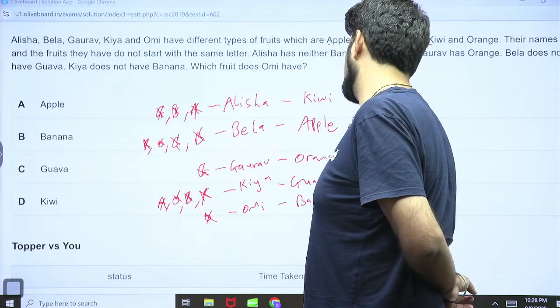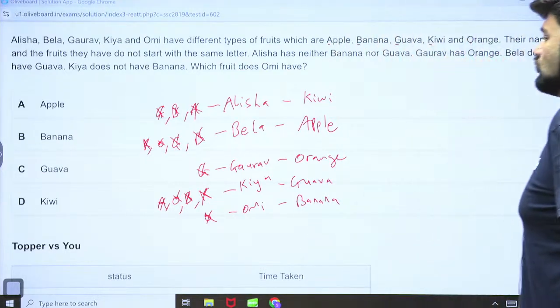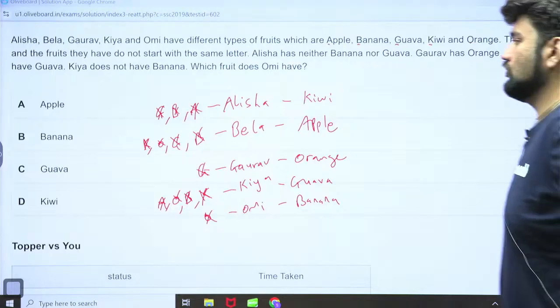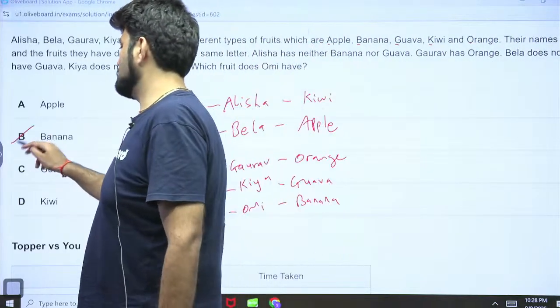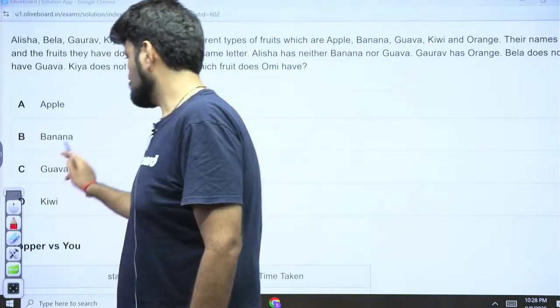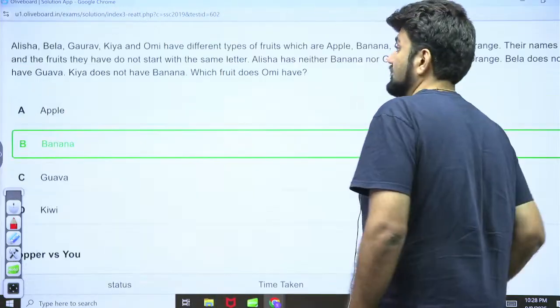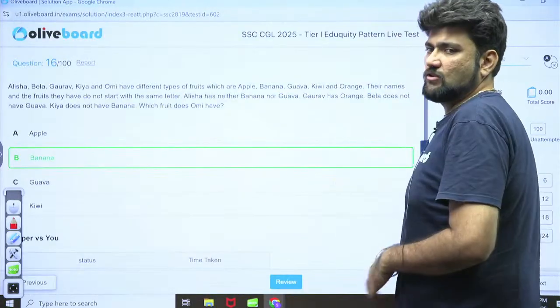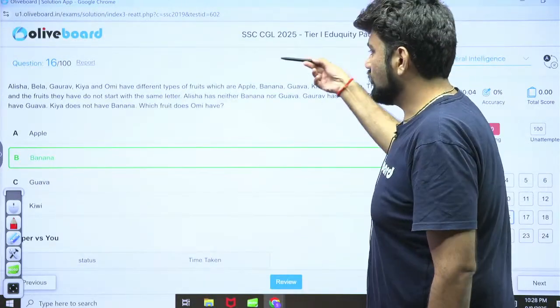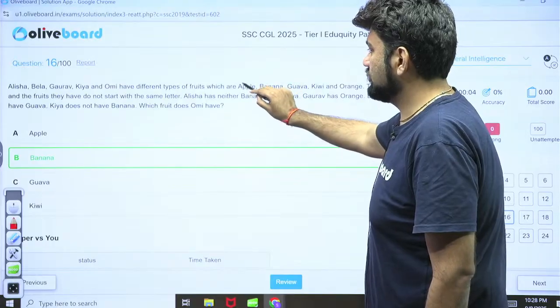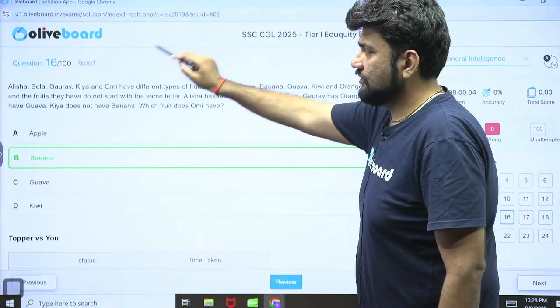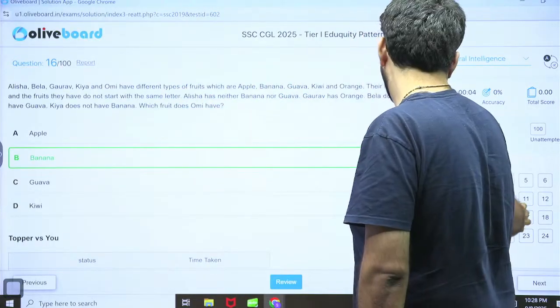Cool, easy. Now which fruit does Omi have? Omi has a banana. Option B is the right answer. 73 seconds, okay. This could have been done faster, not a problem. Just that you have to understand one logic here, that the letters of the fruit will not match with the first letter of the name. That's it.